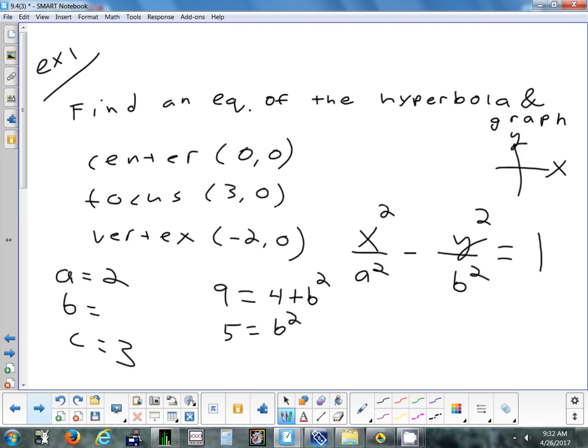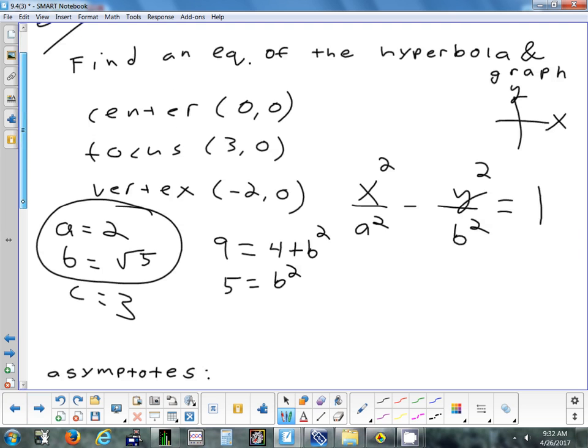So what's B? Square root of 5. So now just take what I just circled, plug them into that equation, and that's your answer. So we get x squared over 4 minus y squared over 5 equals 1.